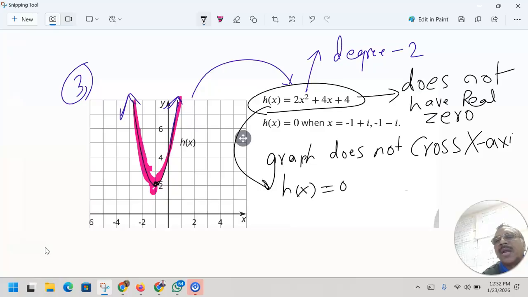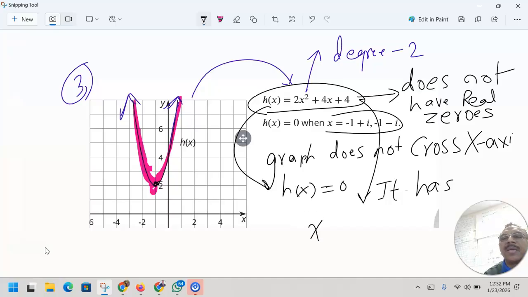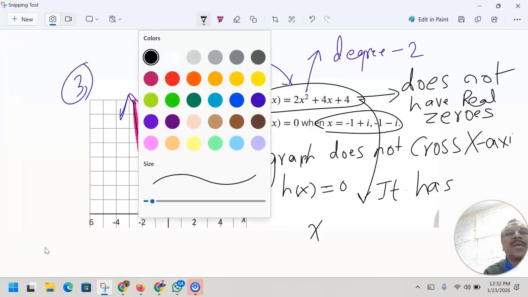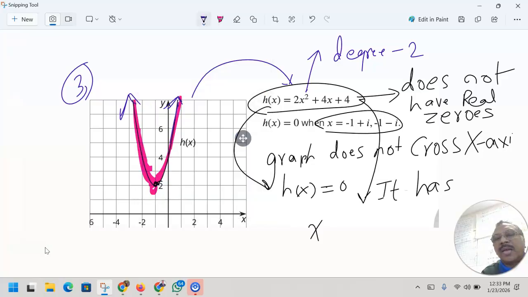So because it does not have real zeros, we can write that it has complex solutions, and that's what they gave us. So x equals minus 1 plus i, and the other one is minus 1 minus i.